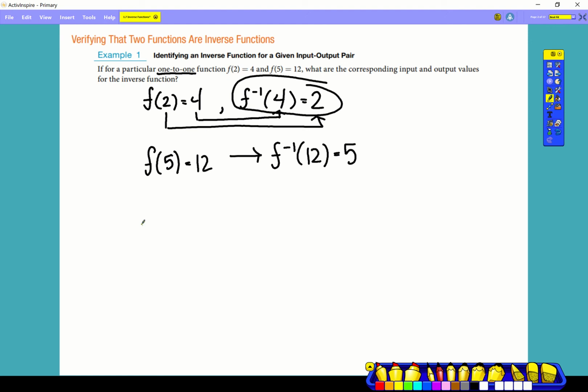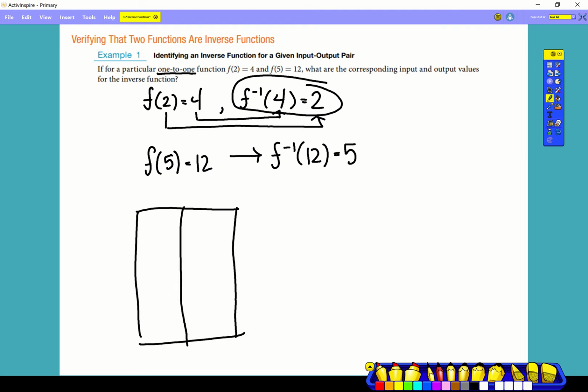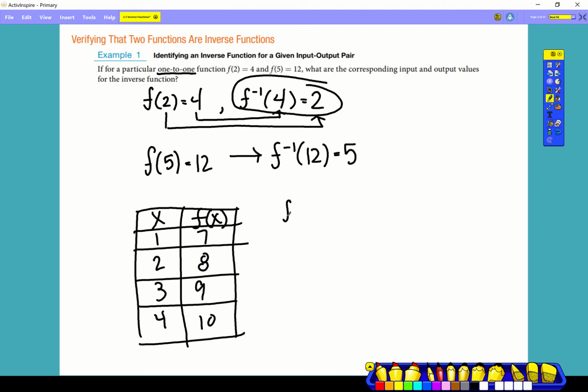What this says is, if I had my function f of x, and I had 1, 2, 3, 4, and this was 7, 8, 9, 10. This is my table. Then my x for the f inverse is just going to be switched.